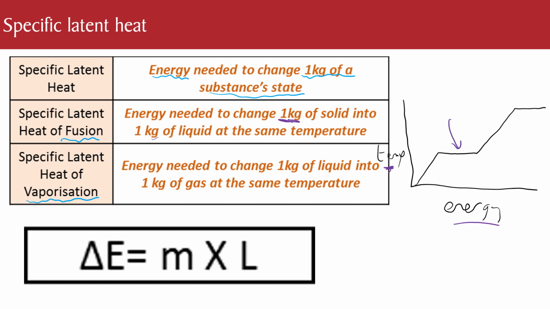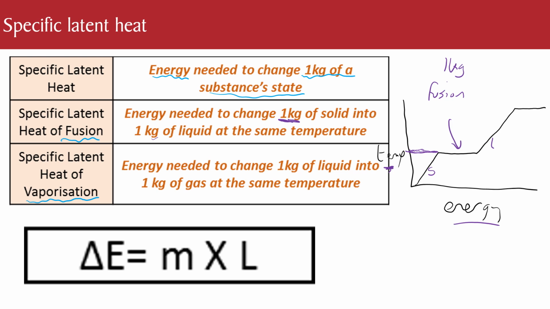That is this flat bit here, so I'm just going to put fusion. The key is that the temperature stays the same. Even though you're continuously putting energy in, the temperature doesn't go up at all. So that is the specific latent heat of fusion.